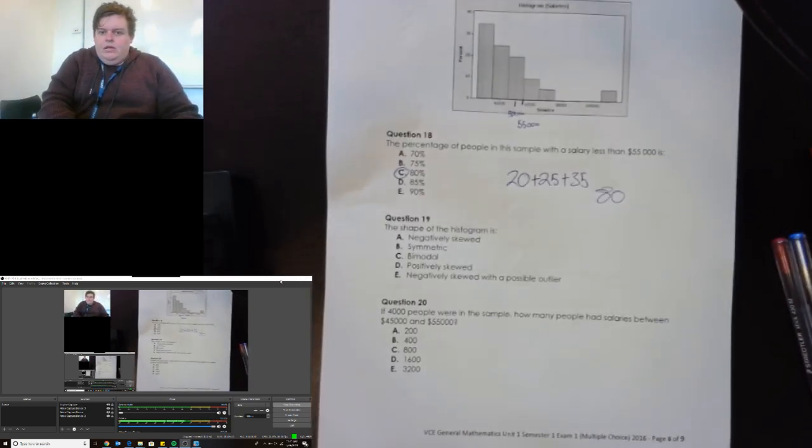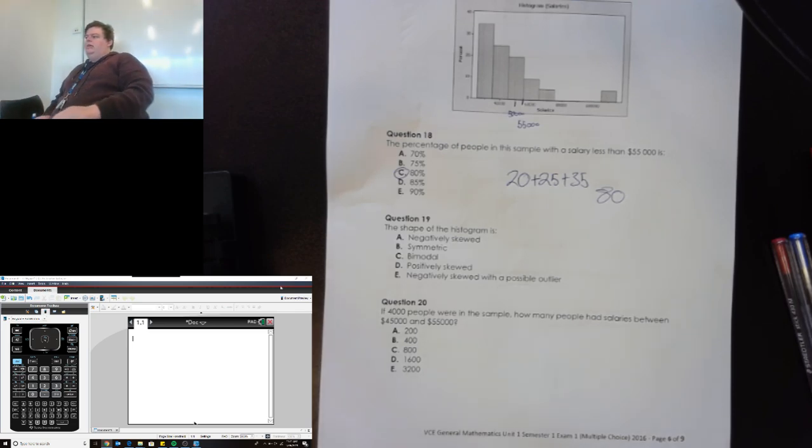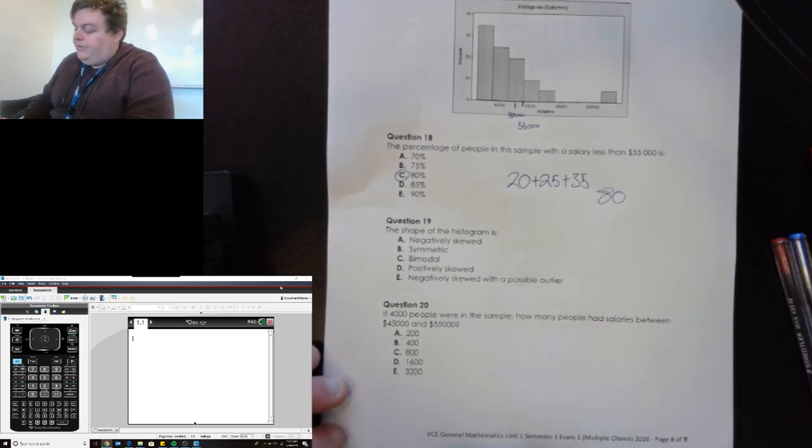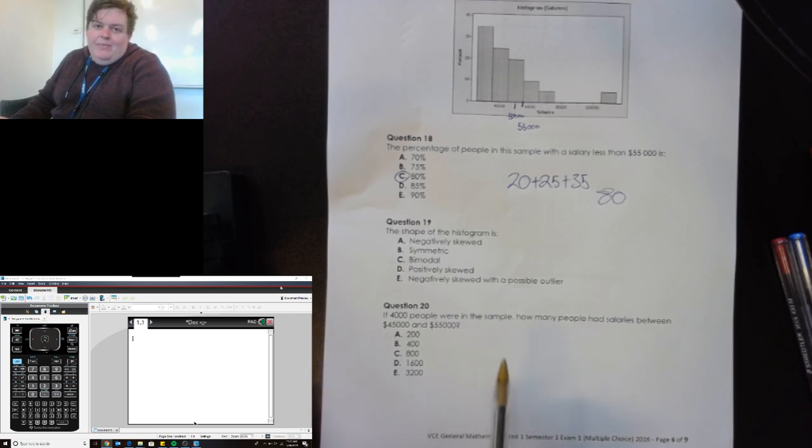Alright. Next question says that the shape of the histogram is best described as: negatively skewed, symmetric, bimodal, positively skewed, negatively skewed with a possible outlier. Okay. So we'll get rid of a couple of things to start with. First one, it's not bimodal. Bimodal means two modes, right?